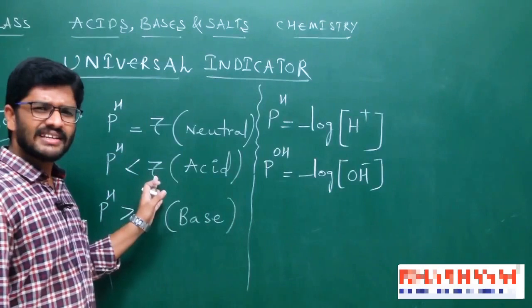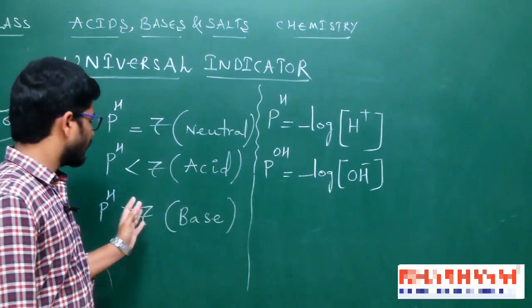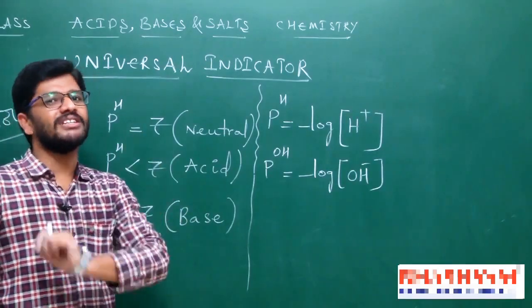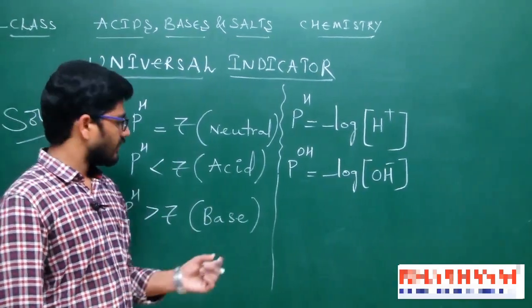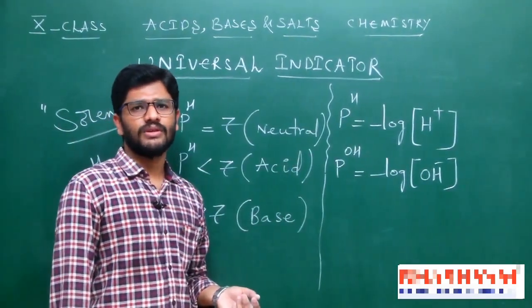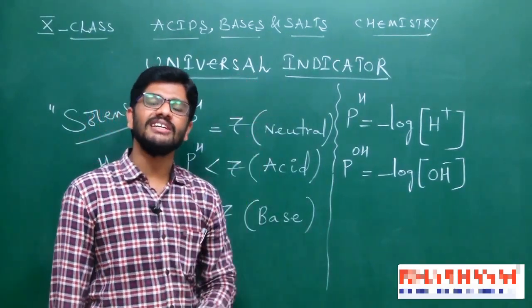If the value is less than 7, that substance is acid. If the pH value is greater than 7, it is considered a base. The universal indicator we also call a pH indicator.